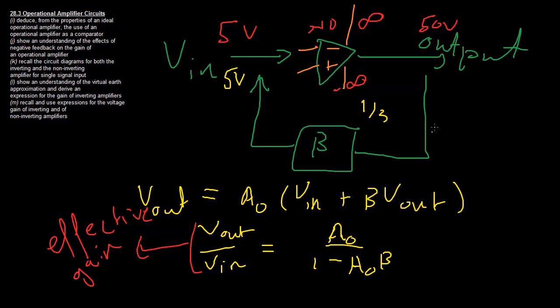I put 5 volts in, and then I get the physical gain A0, which is 10, over 1 minus 10 times 1/3, which is 1 minus 3.3. So in that case, this would be equal to 10 over negative 2.3, which is approximately equal to -5. So what I've actually done is I've made the effective gain -5.